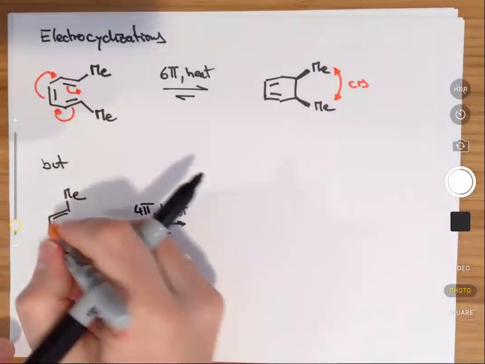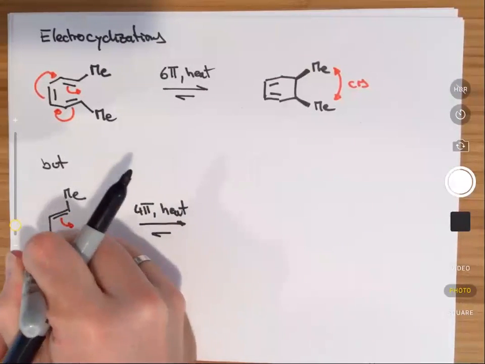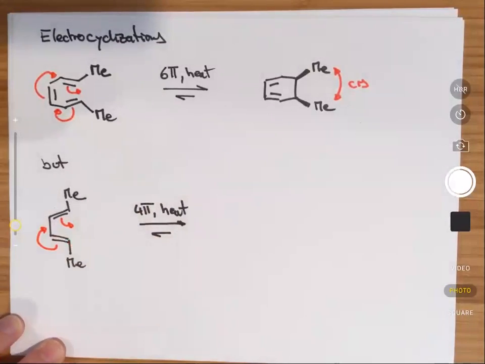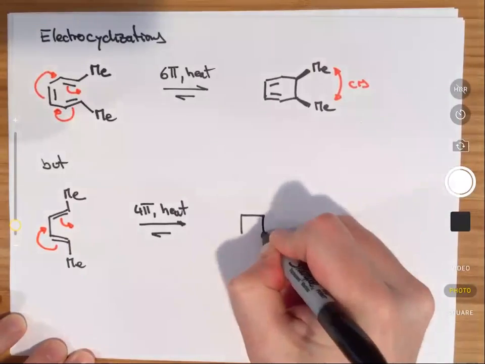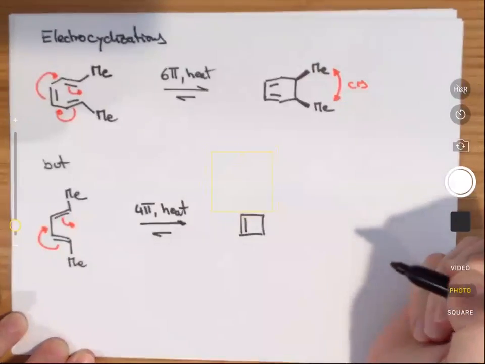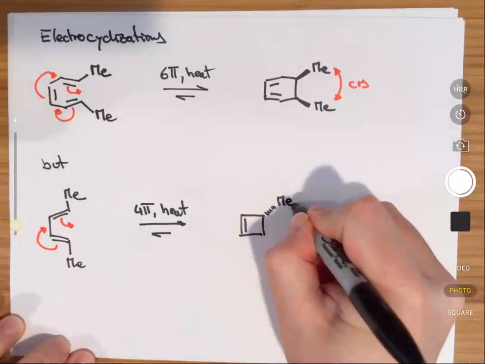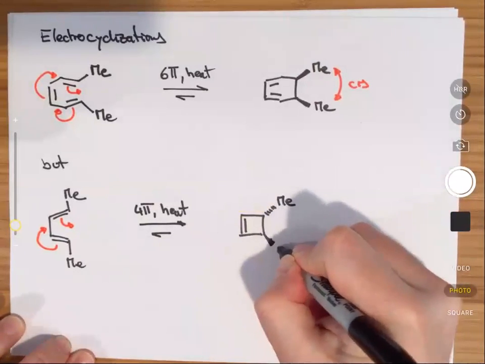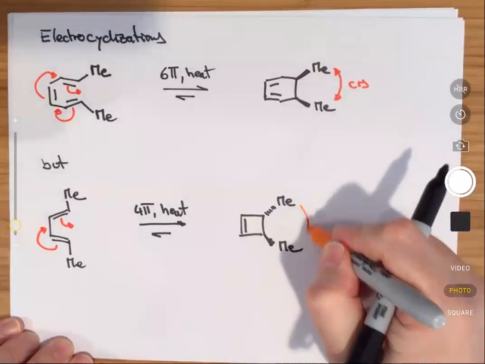I again could draw the arrows out like this. So this forms a bond between these 2 carbon atoms, and this moves into the back here. What I get out of this is a 4-membered ring with 1 double bond. But for some strange reason now, the methyl groups are on opposite sides of the ring. So these are now trans with respect to each other.